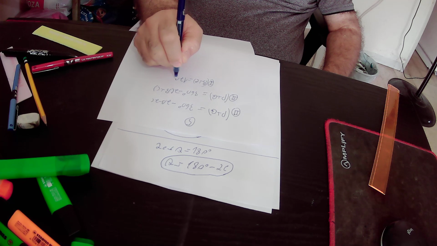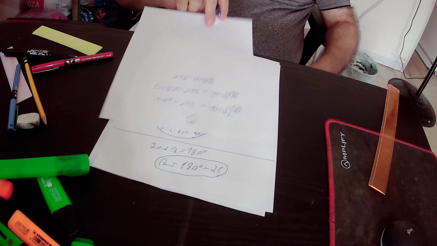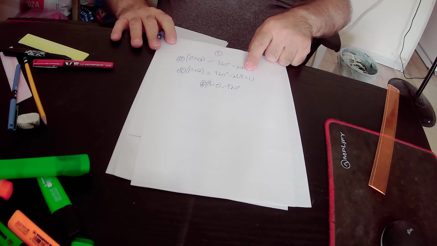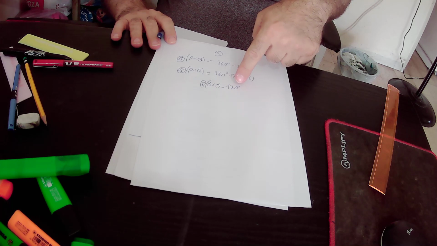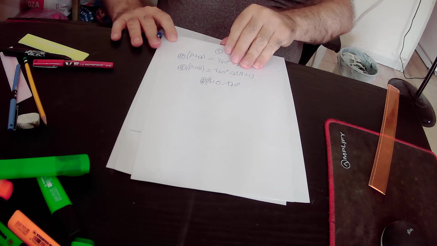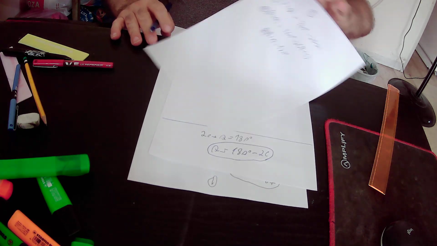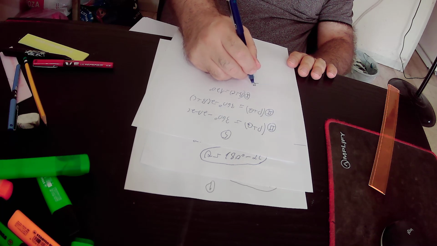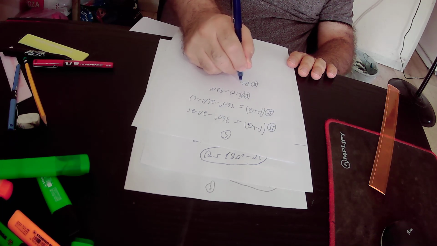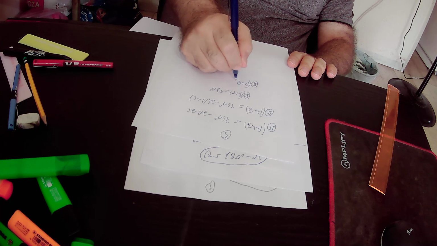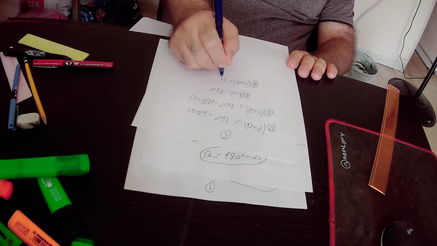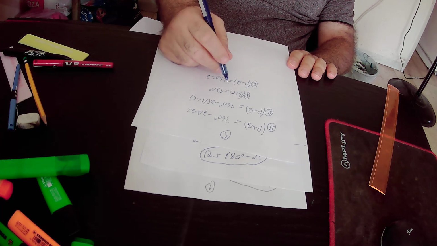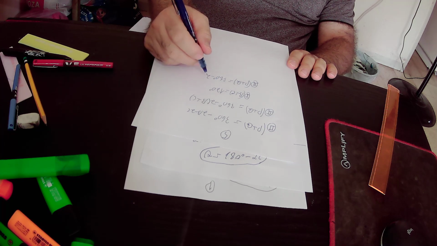Okay, so actually we can substitute B plus C by 120 degrees from equation number 1, and we will do it, and we will get in equation number 2 that P plus Q is equal to 360 degrees minus 2 times B plus C. According to equation number 1, B plus C equals 120 degrees.